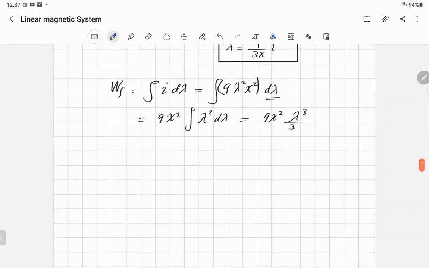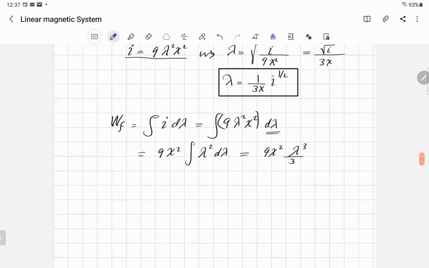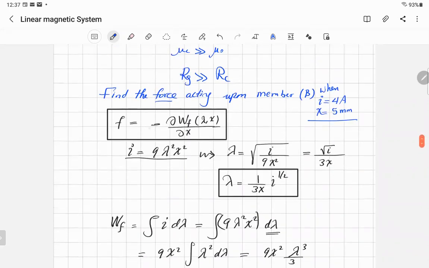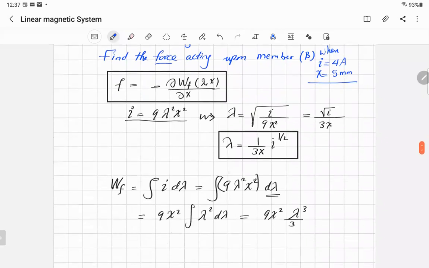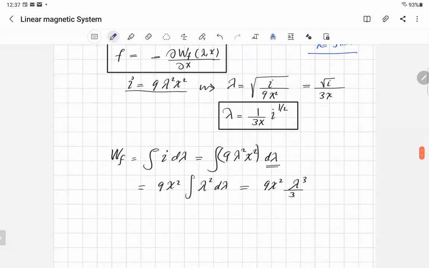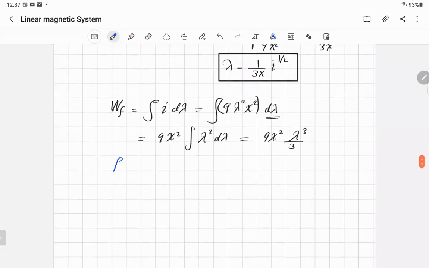Now I got the formula for WF. We got the formula for the stored energy because I want to find the force. So the force is equal to the differentiation of WF with respect to x, with a negative sign. So the force is equal to minus dWF over dx.